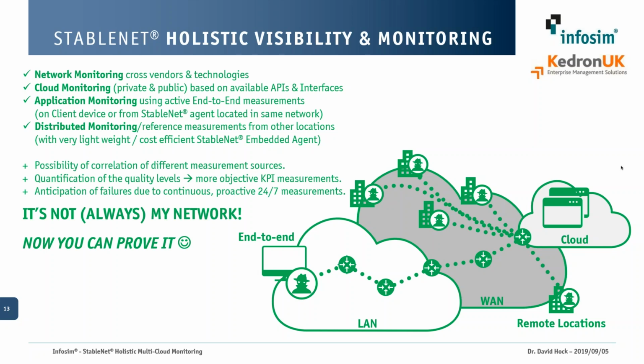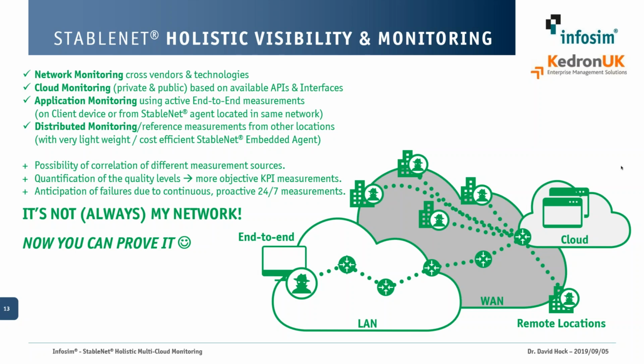Altogether, this offers you the possibility to correlate the different measurement sources. Based on the measurements, you have an objective possibility to quantify the quality levels. It's something different: someone saying it's slow is different compared to an objective measurement saying it actually takes 555 milliseconds. That's something you can judge and be objective about.